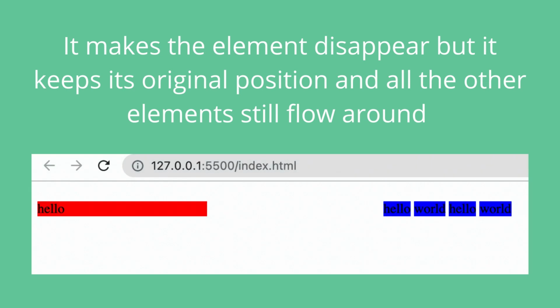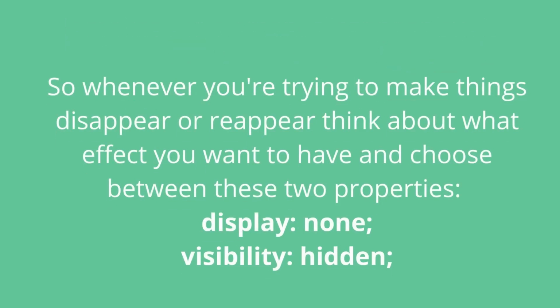Here you see that set to hidden, and what this does is it makes that element disappear, but it keeps its original position and all the other elements still flow around it. As if it's still there, it just can't be seen anymore. So, whenever you are trying to make things disappear or reappear, think about what effect you want to have and choose between these two properties.